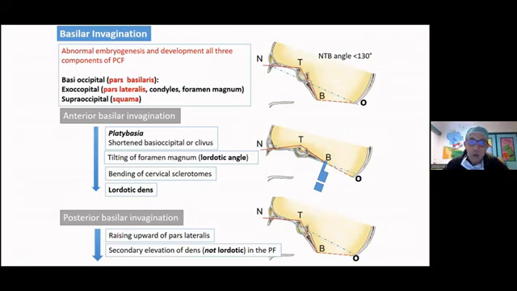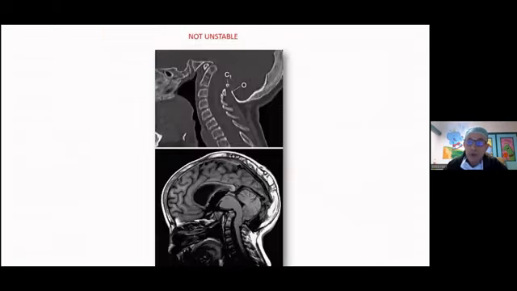Otherwise, when we deal with a disease of the posterior cranial fossa, on the lower part of the squama, the basilar invagination is called posterior. This is a typical congenital, not reducible, not unstable basilar invagination that Riccardo called type 2.